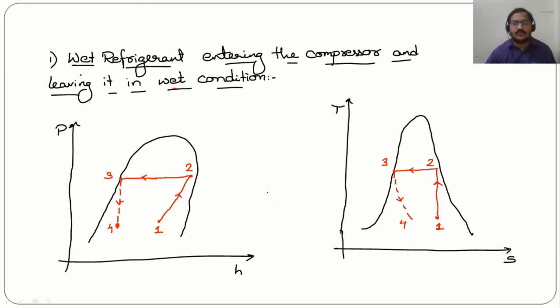Then process 4 to 1, at constant pressure vaporization takes place. So 4 to 1 is constant pressure vaporization from this condition to here in the evaporator. Then in the evaporator, the phase change takes place at constant temperature called the saturation temperature. So this is the pH and TS diagrams here.